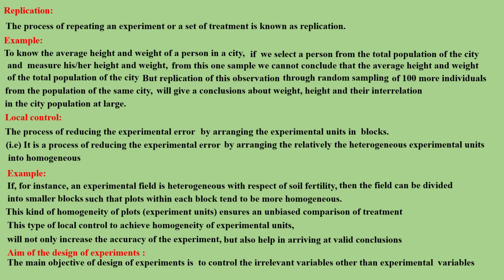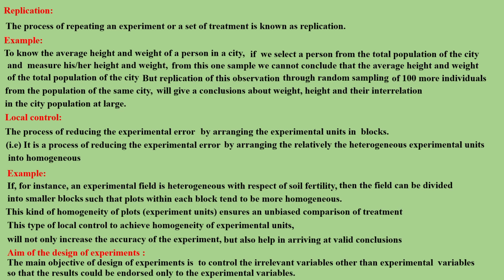In that, if you put in unnecessary variables not related to paddy, those are called irrelevant variables. Suppose instead of paddy you have some other plant, sugar cane or whatever, that is completely irrelevant to that experiment, right?